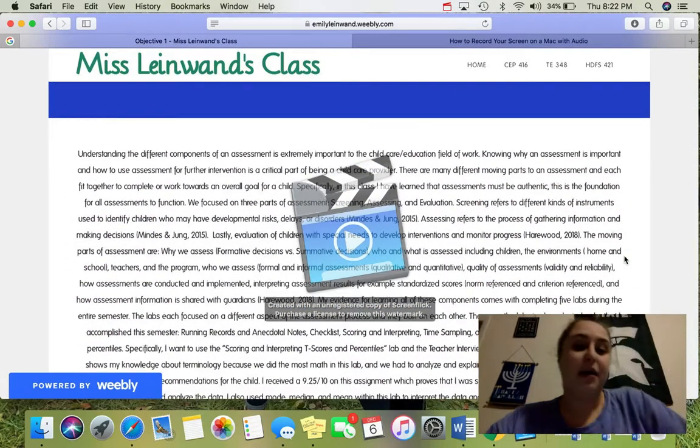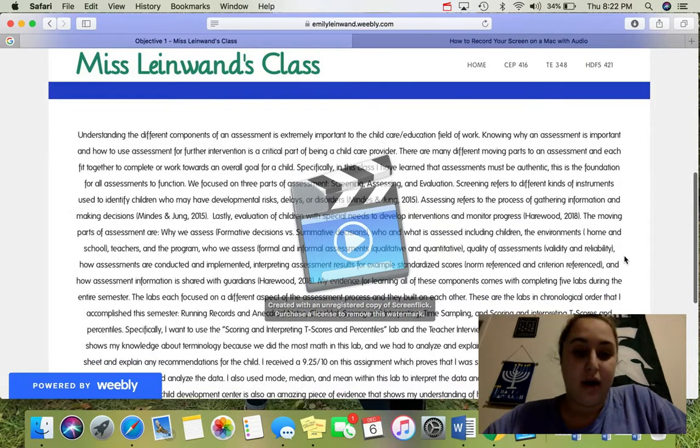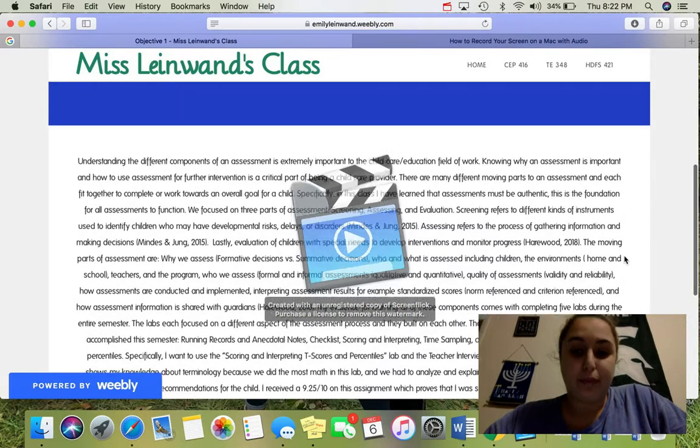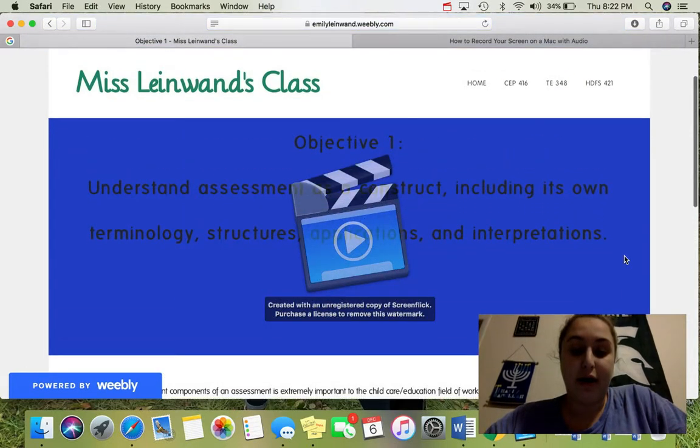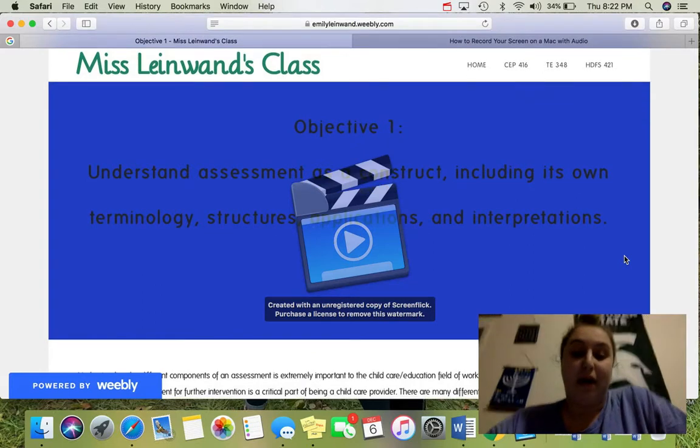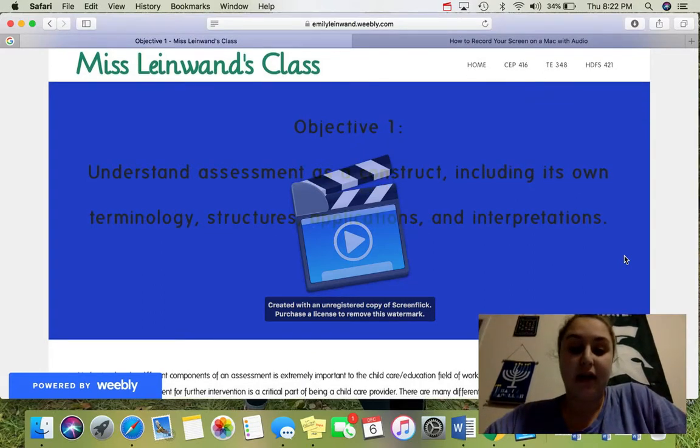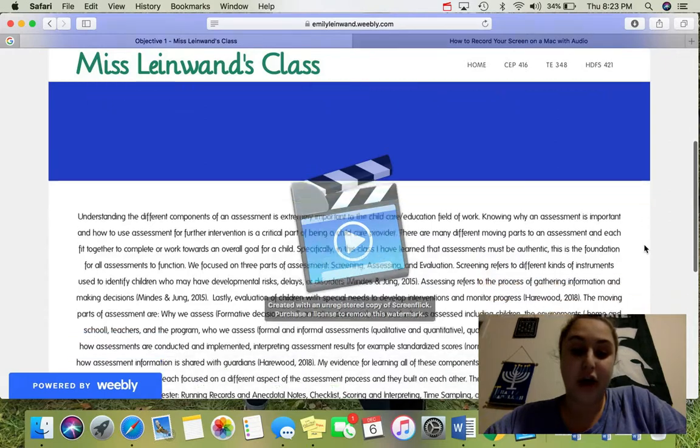Basically, what I talked about in my objective one is how much we learned in our class about the basics of assessments and the different terms that come with assessments, and how important it is that if you don't know these basic skills at the beginning, then there's no way that you can learn about all of the other types of assessments and things that you can do with the assessments, which is what we did in later labs, if you don't know the basic foundation.